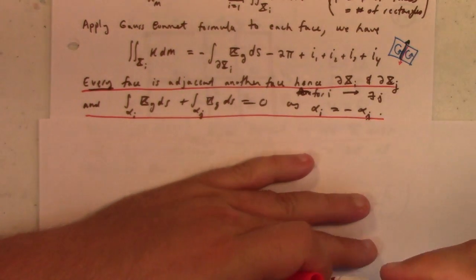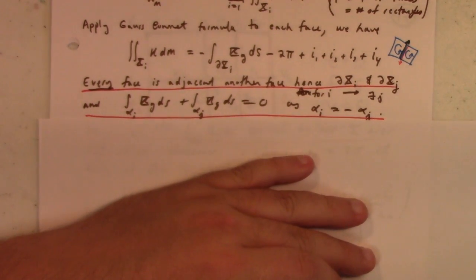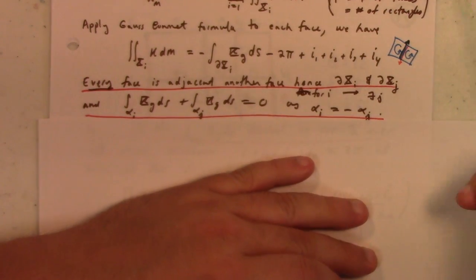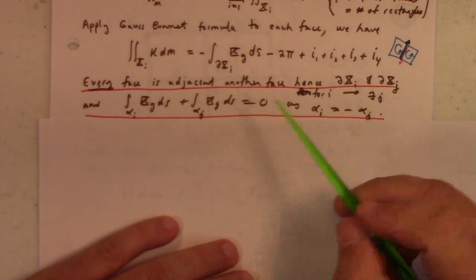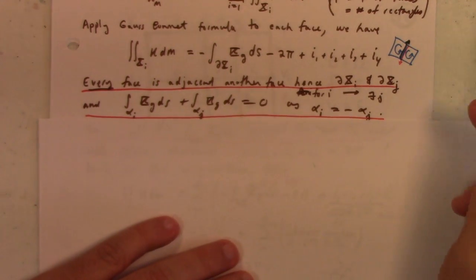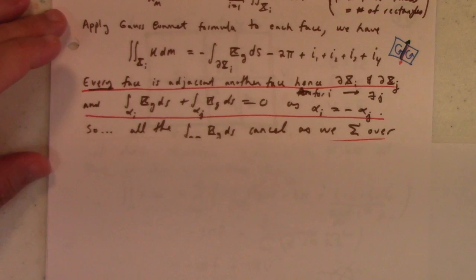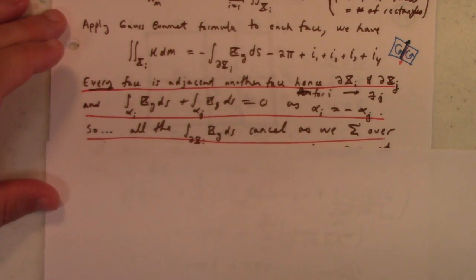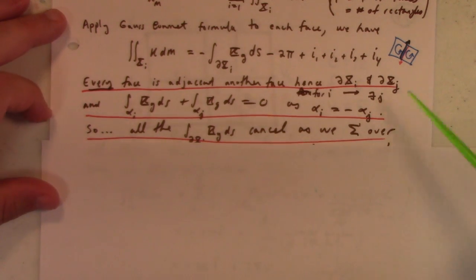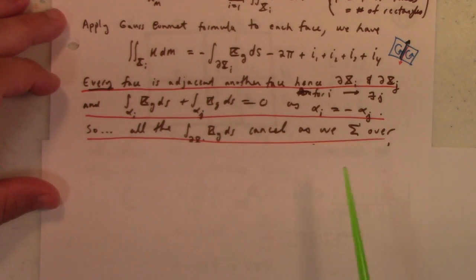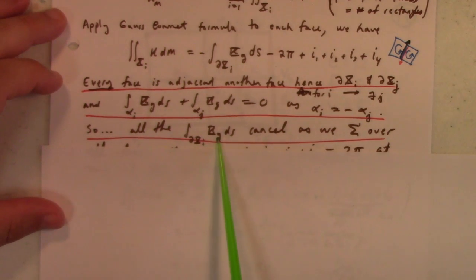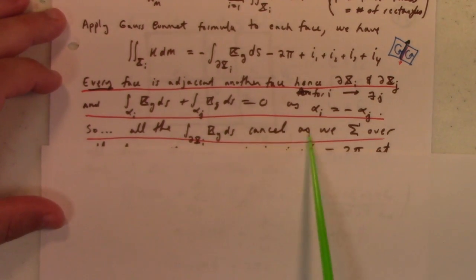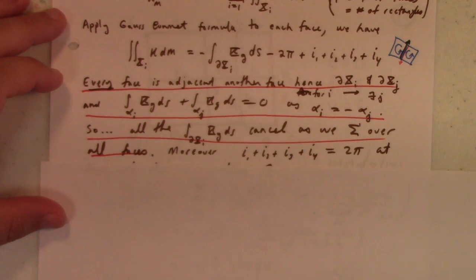So when they're in the interior, these interior edges meet up with opposite orientations, so these integrals cancel out along those interior edges. That's why you end up with integrals over the boundary of surfaces, because these interior terms tend to cancel. Anyway, getting back to the proof. So all of the integrals over the boundary of these geodesic curvatures cancel as we integrate over all faces.